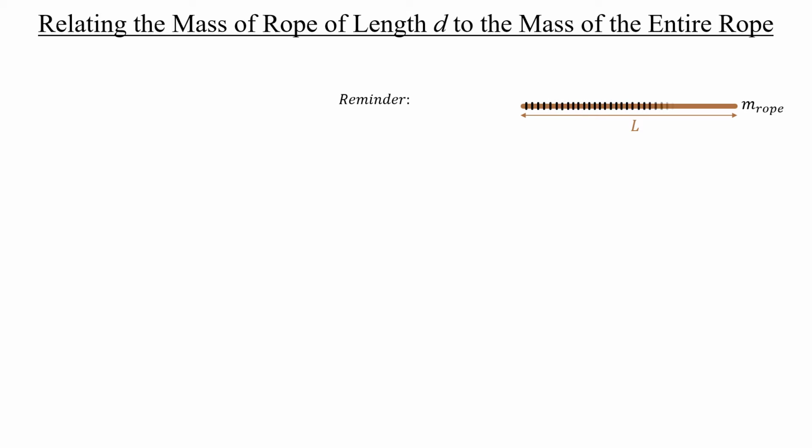I'm going to chunk this rope up into equal segments. So I'm going to take M rope and divide it by L, and here's what we're going to do with it. The mass of the rope at length d is equal to us taking the entire mass of the rope and dividing it by the length, which gives us the mass of an individual tiny unit chunk right there that I've colored in pink.